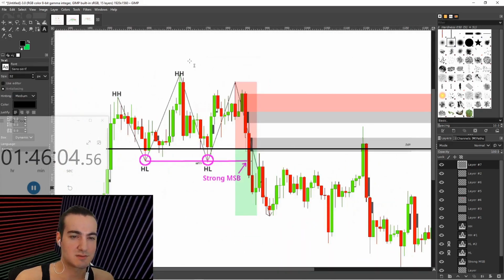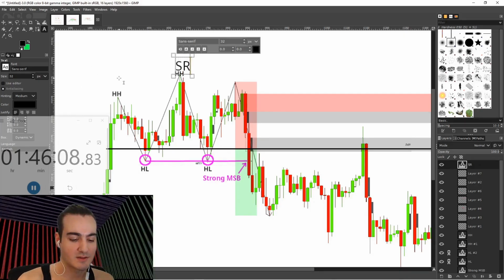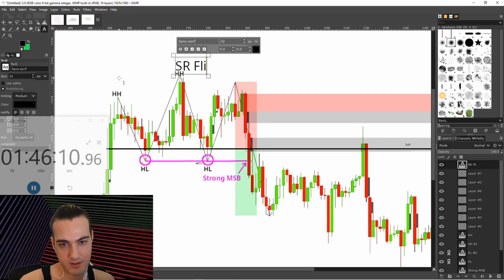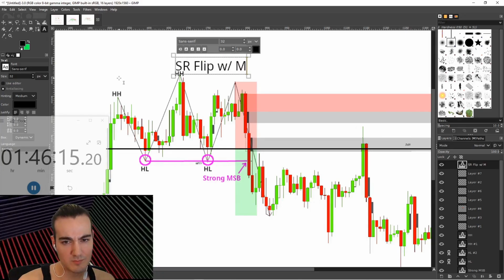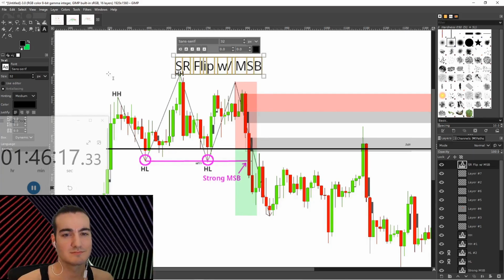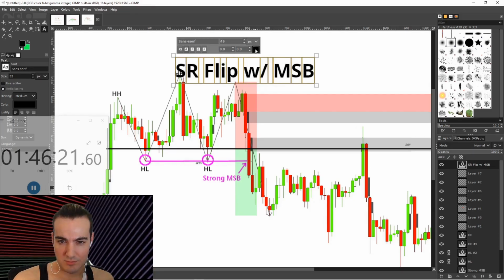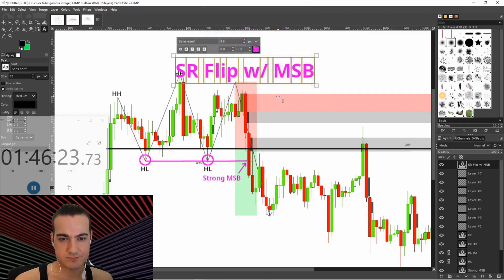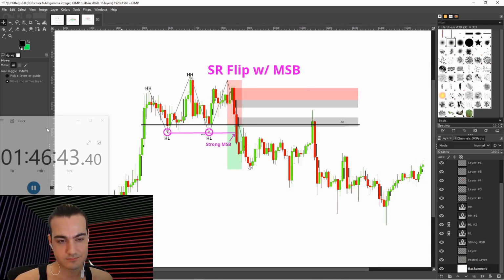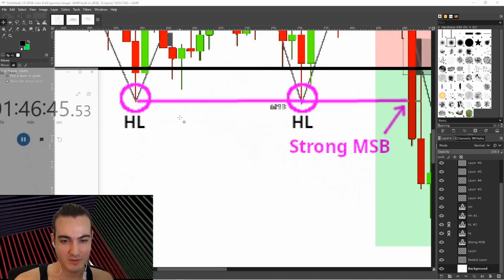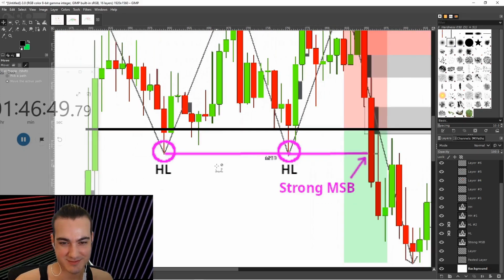So I'll title this chart SR flip with market structure break. It's got to be in purple though. Those equal lows though, they are truly harbingers of terror.